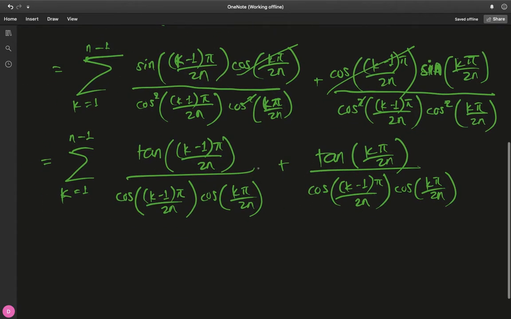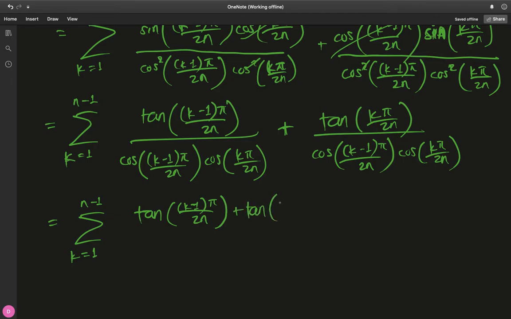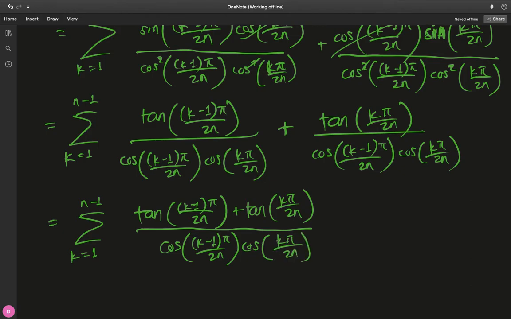And noticing both of them have the same denominators, we can club these expressions into a single sum, from k equals 1 to n minus 1 of the tangent of k minus 1 pi over 2n plus tan of k pi over 2n, divided by cosine of k minus 1 pi over 2n times cosine of k pi over 2n.